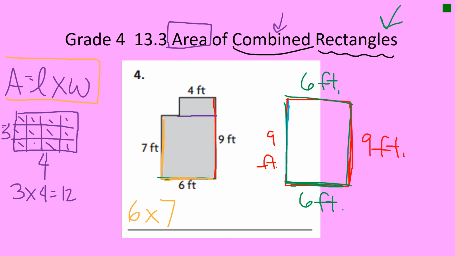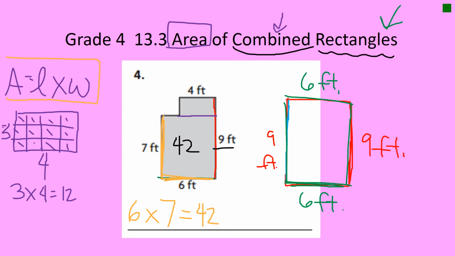You agree with me? 7 rows of 6. So 6 times 7 is, let's see, 5 times 7 is 35. 6 times 7 is another set of 7, 42. So I'm going to write 42 right inside this rectangle.